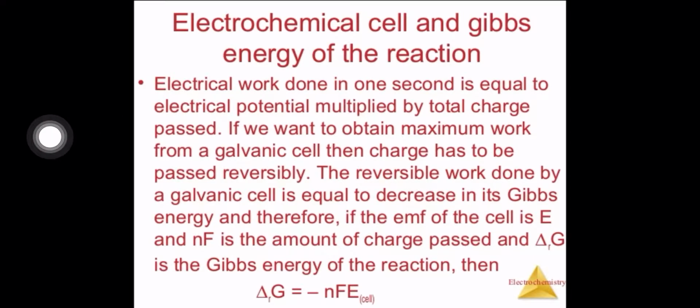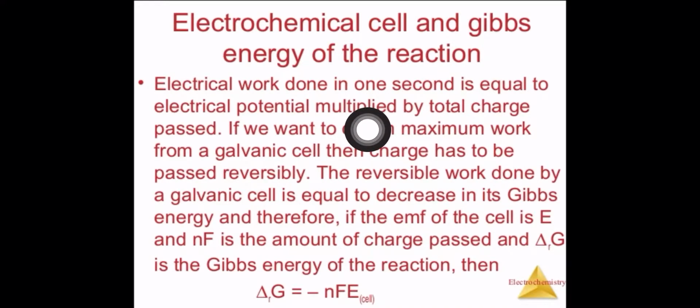Okay, so when there is a flow of electrons, that is definitely what, that is q, right? And that we are converting into I as a charge. Okay, this term you have studied in your physics chapter. Yes, so that way we will get a work done that will be equal to the potential, right?